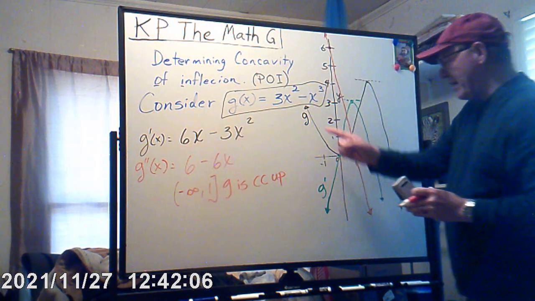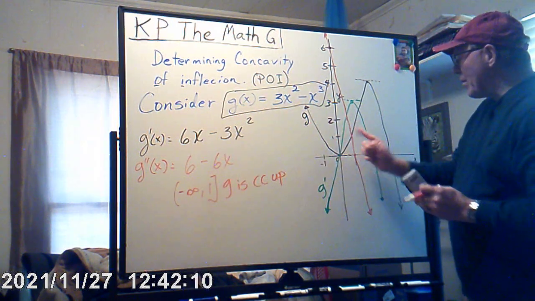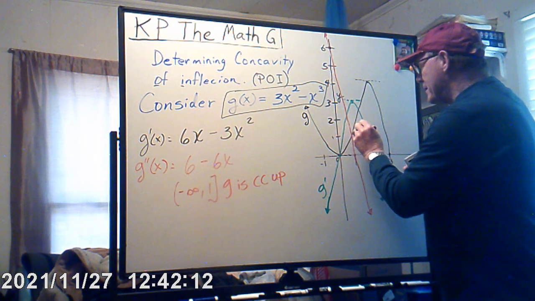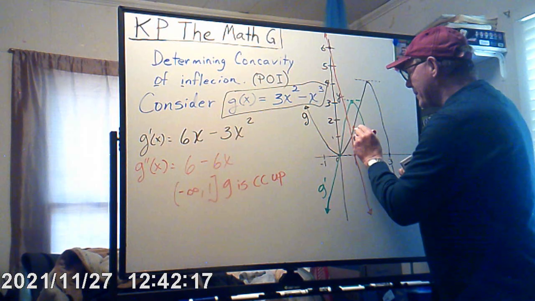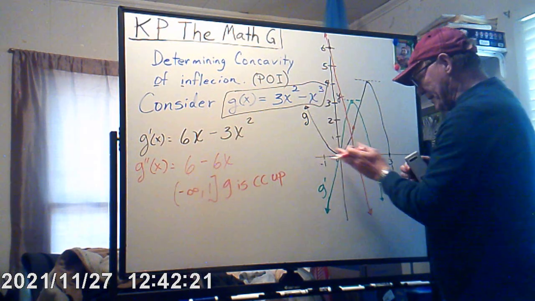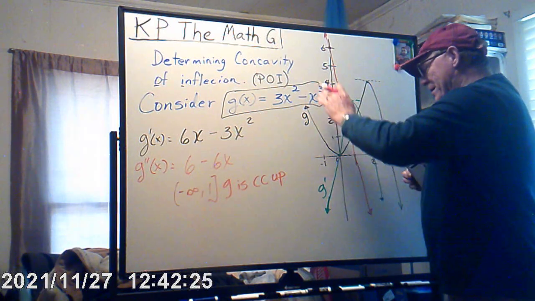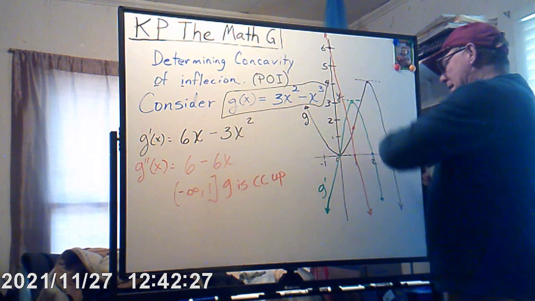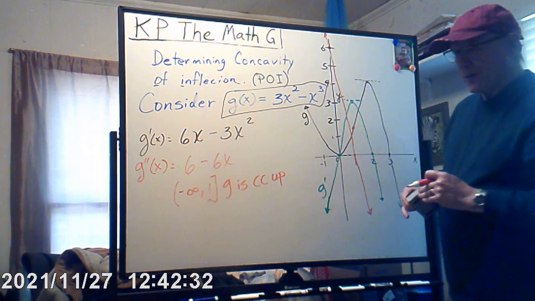Well, look at G right here. From negative infinity all the way to 1, this is where our point of inflection is, somewhere right in there. So to that point of inflection where the concavity starts to change. Okay, that's what that is.